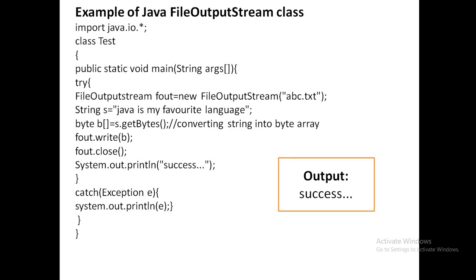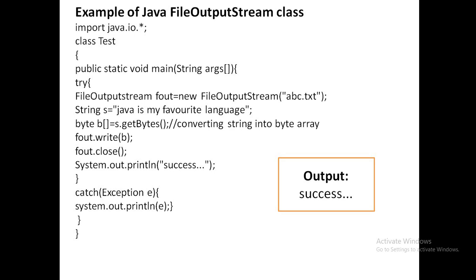The object opens the file ABC, and in the array variable b, we are storing the content in byte form from string form, and this content is obtained by calling the method getBytes. And also we have called the methods write and close the file with the help of the object fout.